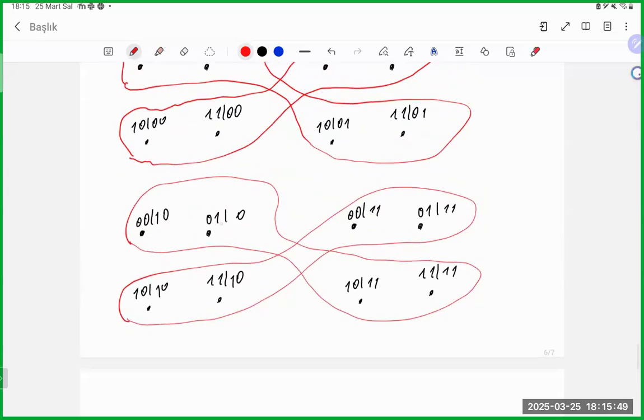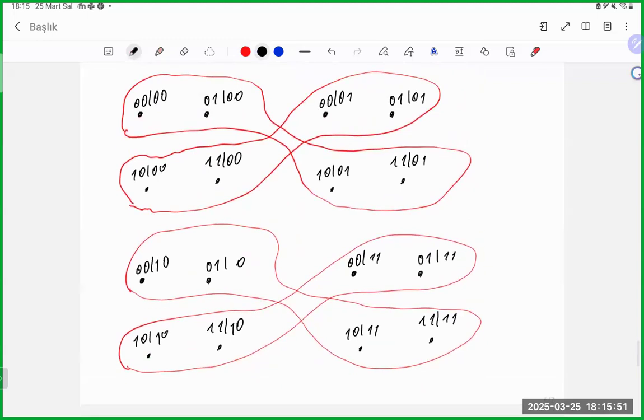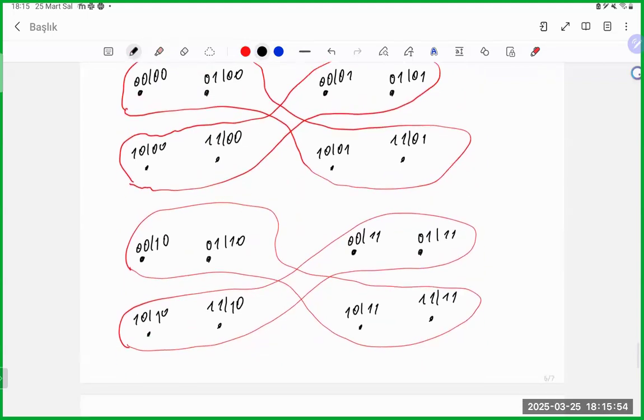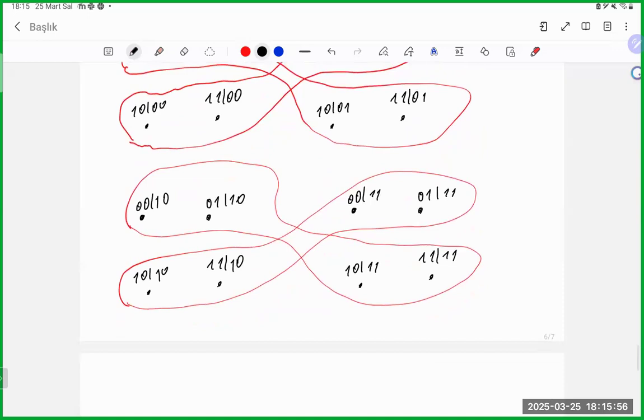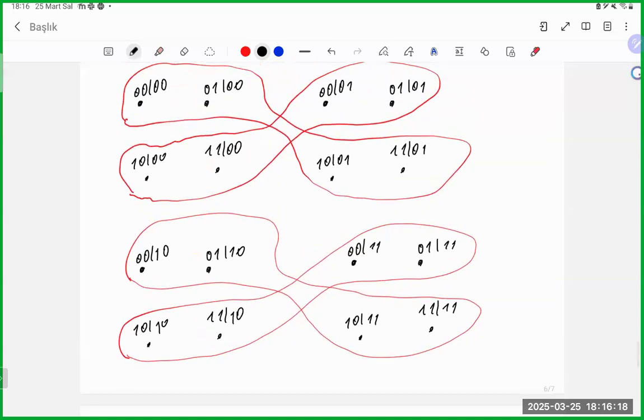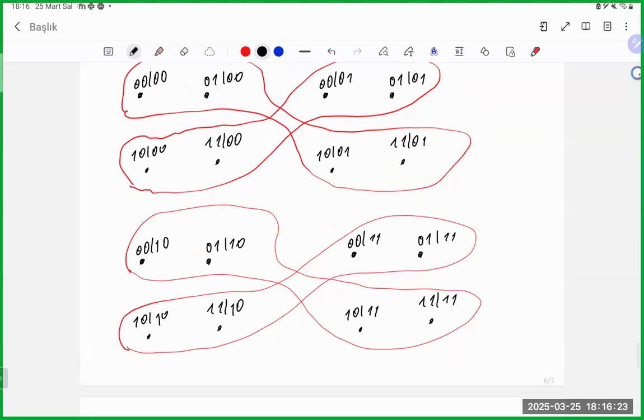For example, in here, if Alice measures 0 in her first measurement, Bob will measure his 0th measurement, and the converse is like that. So is there any question about constructing this, Bob's measurement choice depending on Alice's outcome?